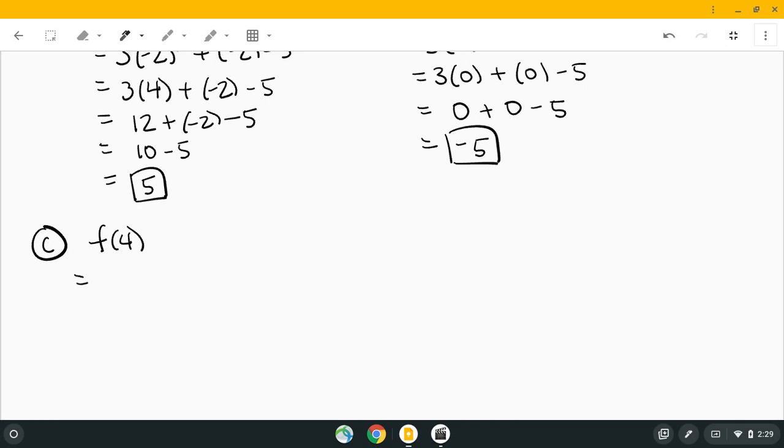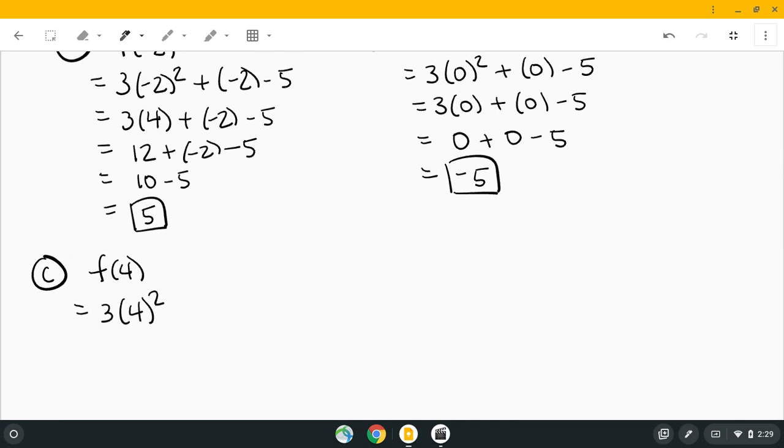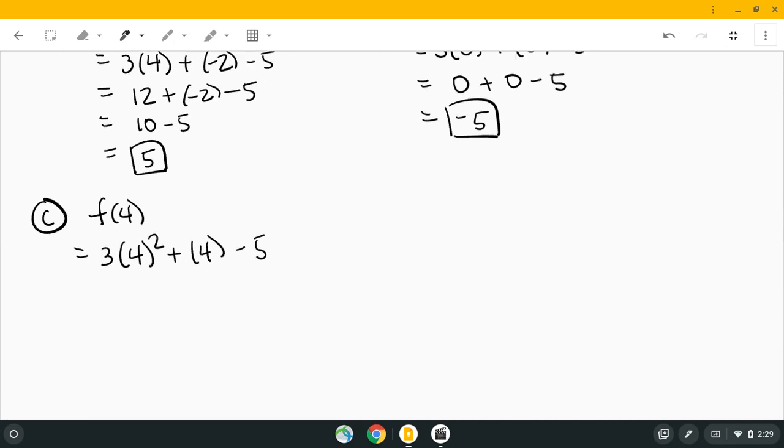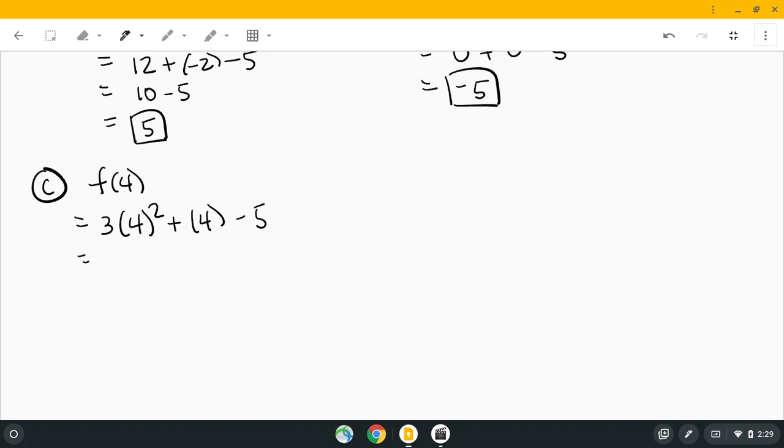Okay, so 3 times 4 squared plus 4 minus 5. So exponents first.